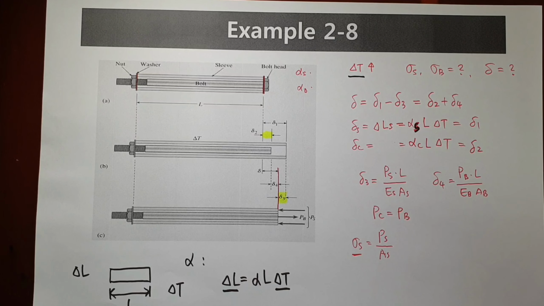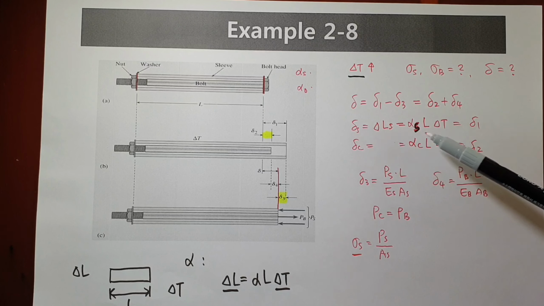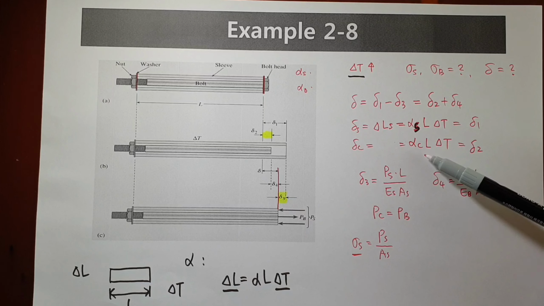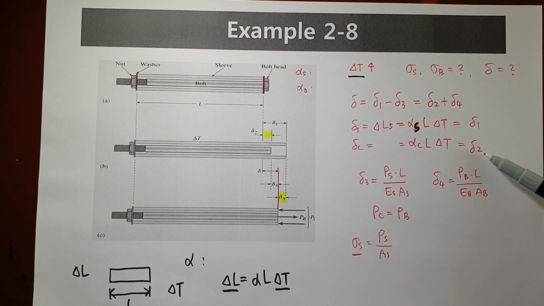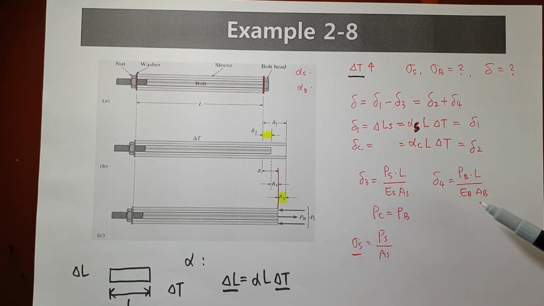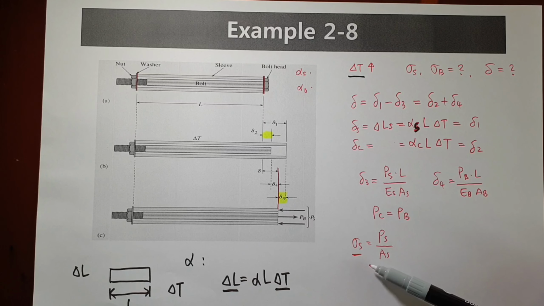Based on geometrical compatibility, we have this relationship, and when you consider the value from the change of temperature, you can have this one, and for elastic deformation, you can have this relationship, and finally you can calculate sigma S and the delta value as well.